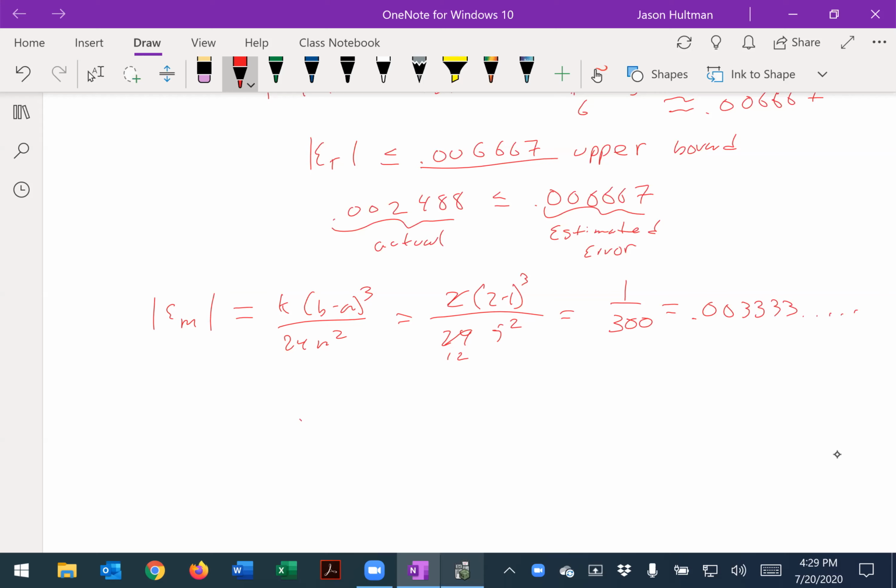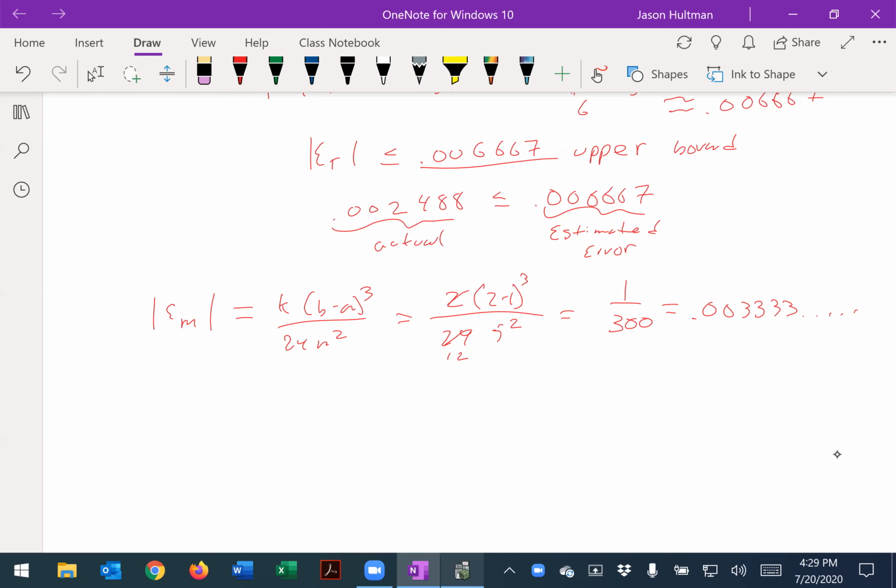Well, 0.003333 is greater than or equal to our midpoint error. This is backwards.